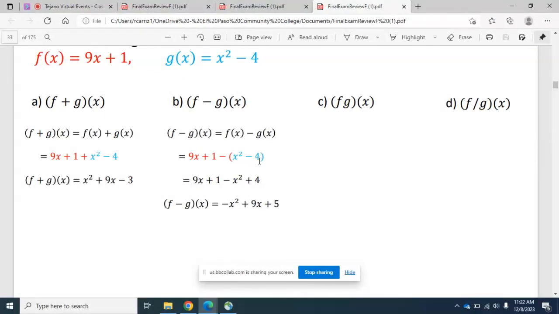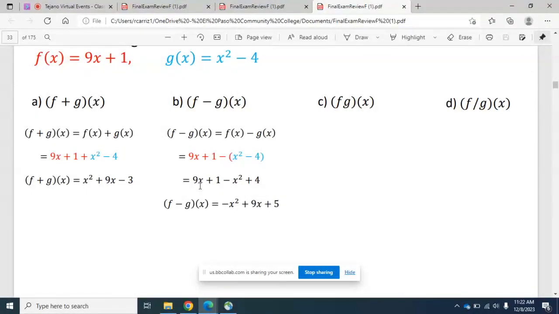So before I can do the subtraction, I need to distribute that negative sign to both of my terms inside the parentheses. So a negative times a positive x squared is going to give me a negative x squared. A negative times a negative 4 is going to give me a positive 4. And then I'm going to combine my like terms again. I only have one x squared term, which is a negative x squared, so I leave that alone.